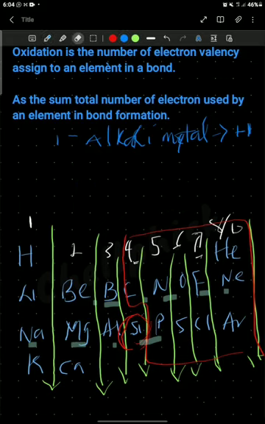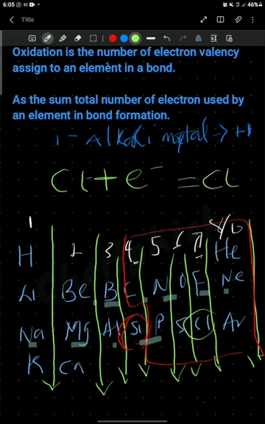And if an element gains electron, for example, let's take a non-metal here. So let's take chlorine. If chlorine gains 1 electron, it's going to become Cl. So instead of positive like the other one that is losing, gaining of electron means gaining of bad behavior.